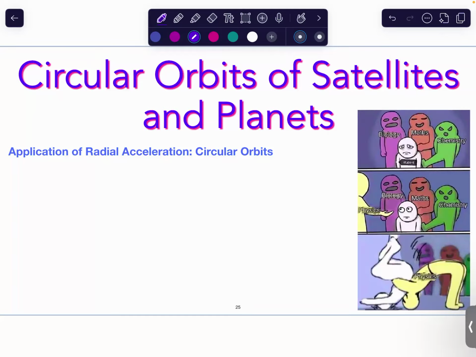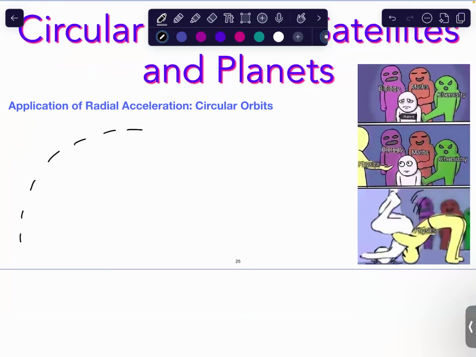This is where we're going to get into Kepler's laws of orbital motion. Okay, so let's attempt a partial circle here. So there's your orbital path.